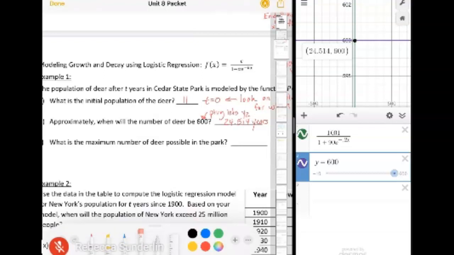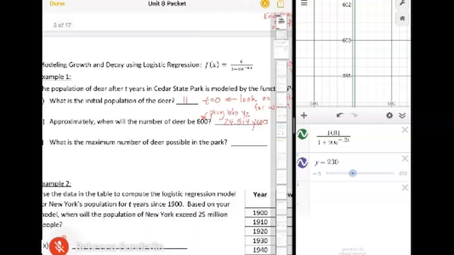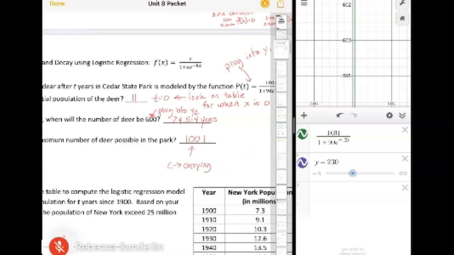C. Your C value, your carrying capacity, 100. Our carrying capacity. Our asymptote, right? Oh, carrying capacity. I said asymptote, I was about to write asymptote.